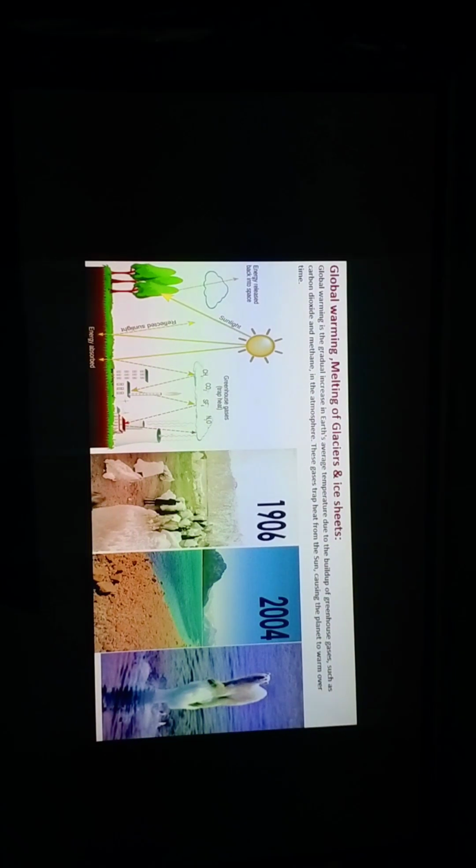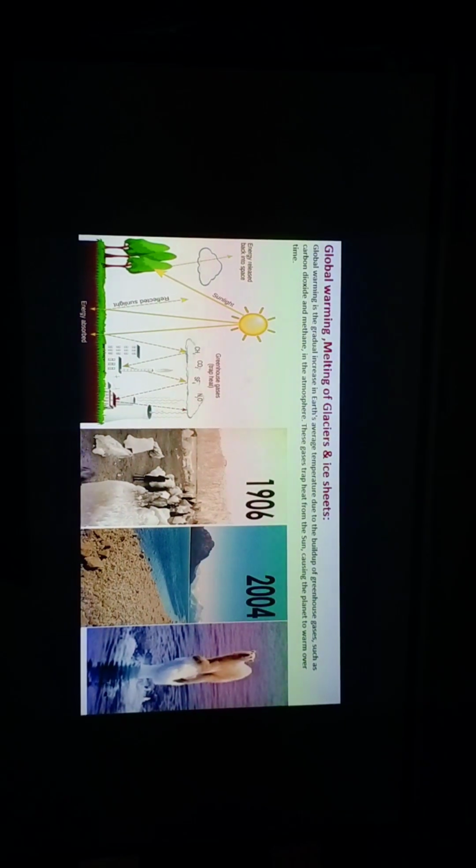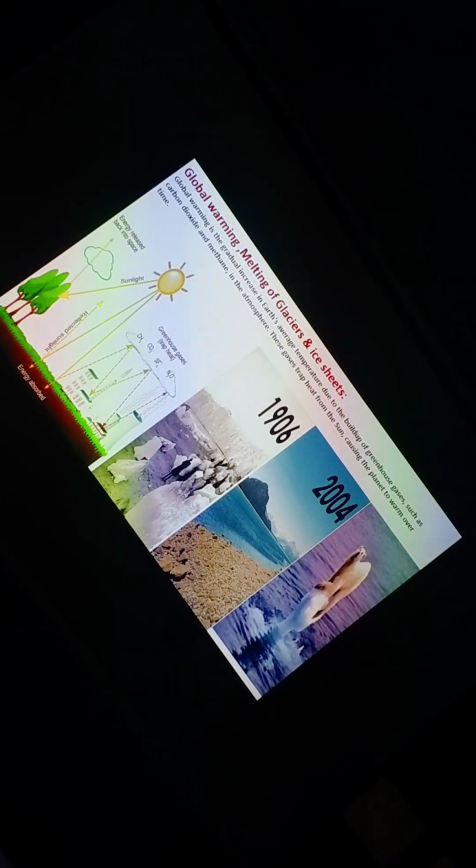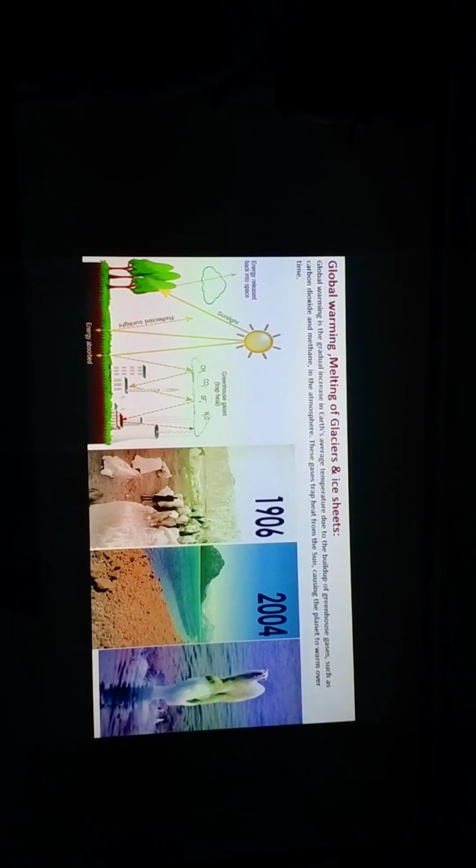Then global warming. Global warming is a gradual increase in the Earth's average temperature due to the buildup of greenhouse gases. As you can see in the picture, the heat coming from the sun is radiated from the Earth's surface, but it is trapped by greenhouse gases like methane, carbon dioxide and sulfur gases. With time, this increases the temperature of the Earth.